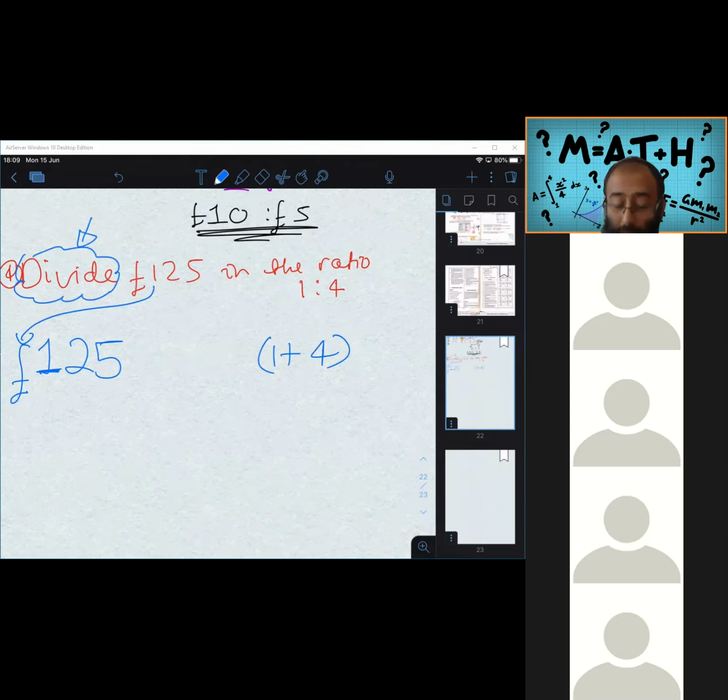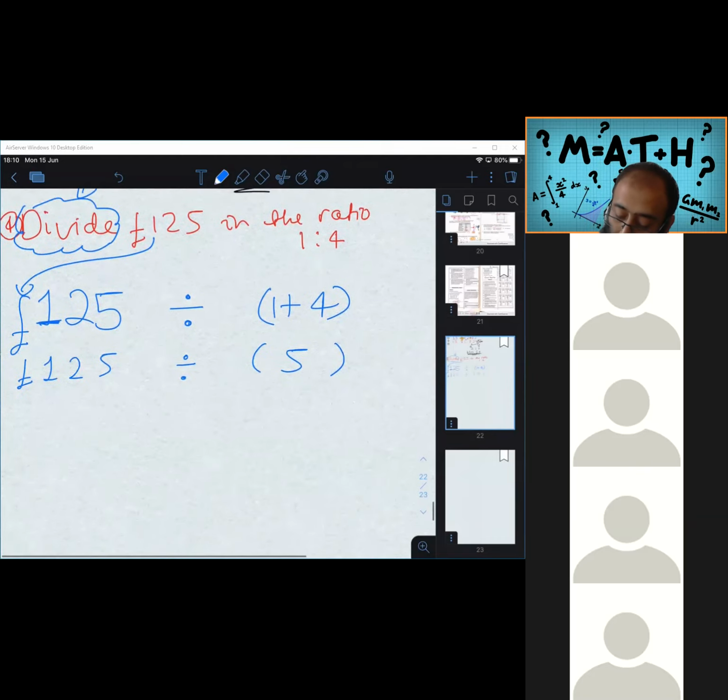You divide by the ratio. So what's that give us? That gives us 125 pound, and we're dividing that by 5. So, Umeza, do you know what 125 divided by 5 is? You have to work that out. You can work it out like this.